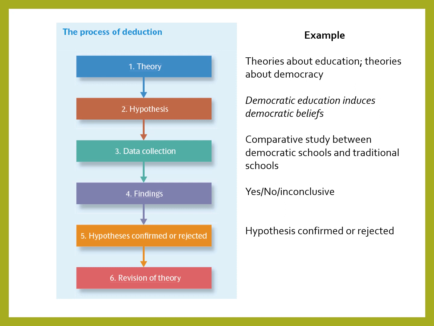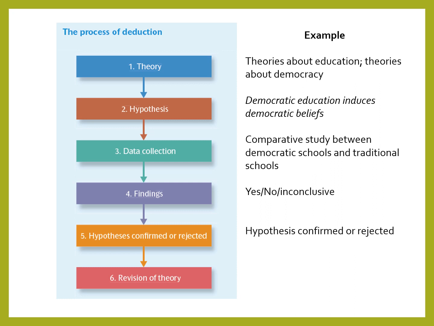Perhaps we should also be using some theories about cognitive psychology that is related to how we acquire knowledge. Then we present a hypothesis. Democratic education induces democratic beliefs. This is the hypothesis we need to test, we need to study. We need either to embrace or reject.